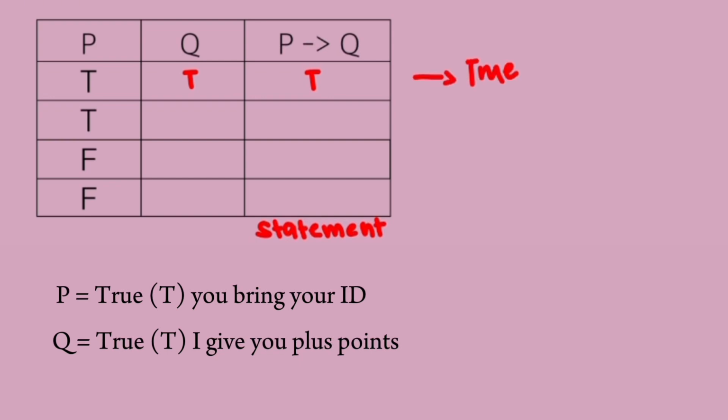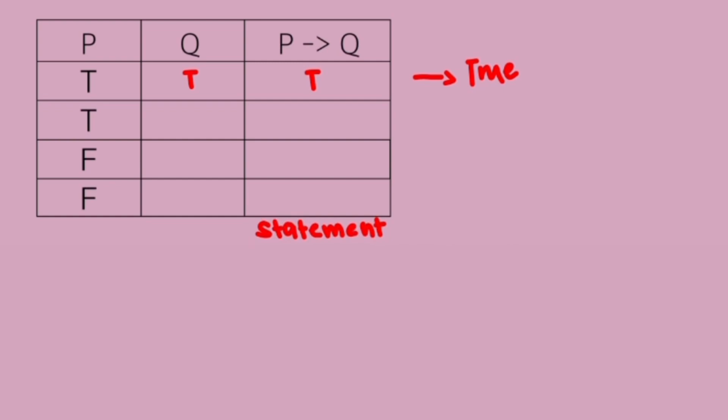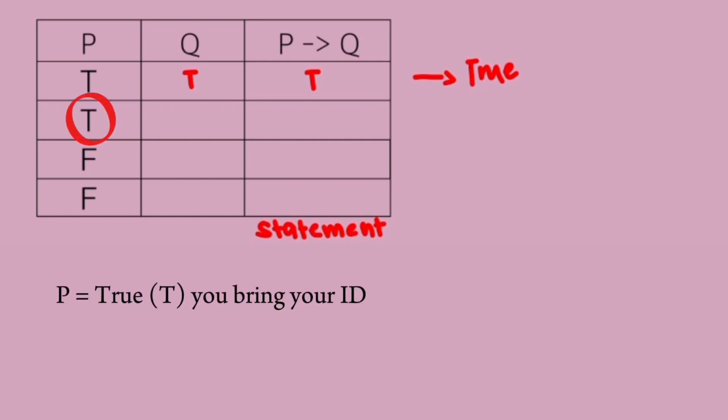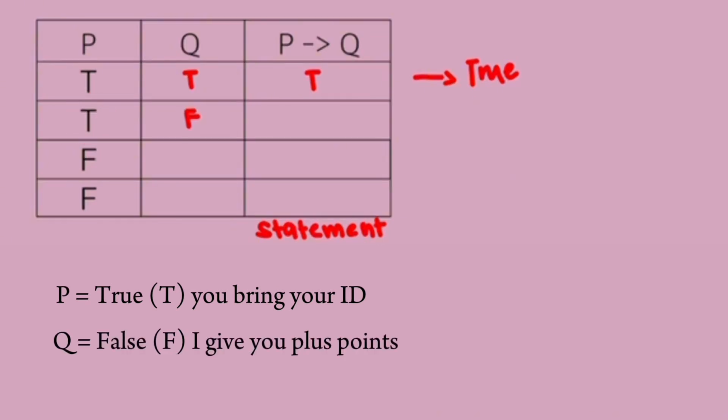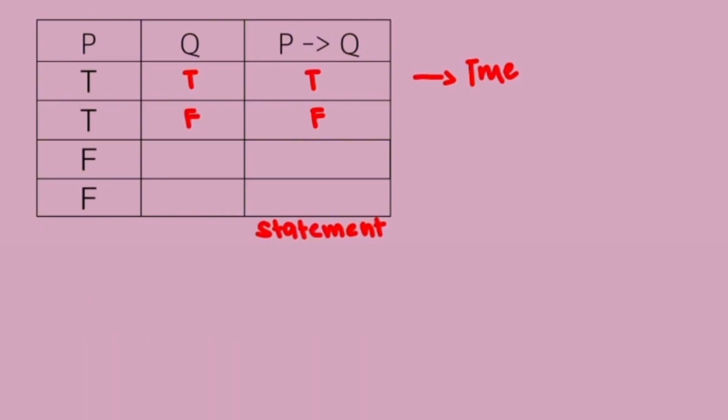This corresponds to the first line in the table. Suppose it's true that you bring your ID but it's false that I give you plus points. Since I didn't keep my promise, the implication is false. This corresponds to the second line of the table.